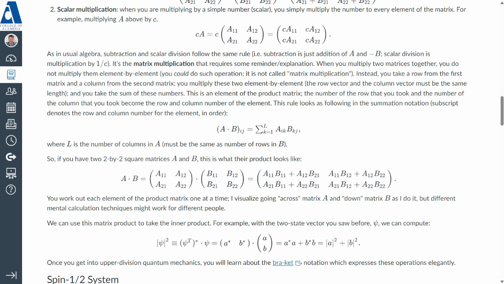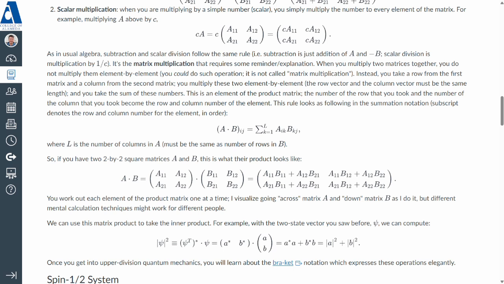So the A times B sub ij, meaning row i, column j of the product A times B, is equal to the summation of k from 1 to L of A sub ik times B sub kj, where L is the number of columns in A, which must be the same as the number of rows in B.